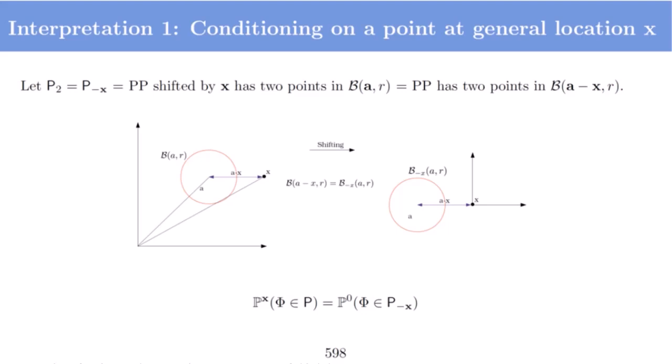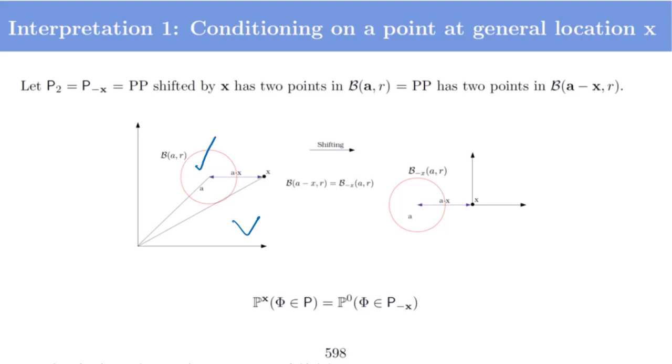So look at this particular case. The first one is you have a point at x and then you are looking at the probability that there are 2 points in this ball of A comma r.